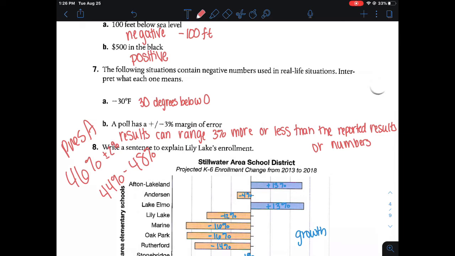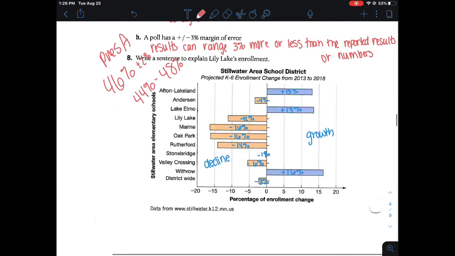That's because they're also factoring in the margin of error. They can't say that President A has 46% and President B has 54% because there is that margin of error and they're not 100% sure what the actual count is. So just a little lesson on margin of error there.